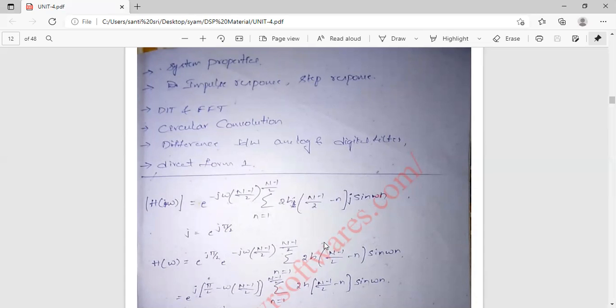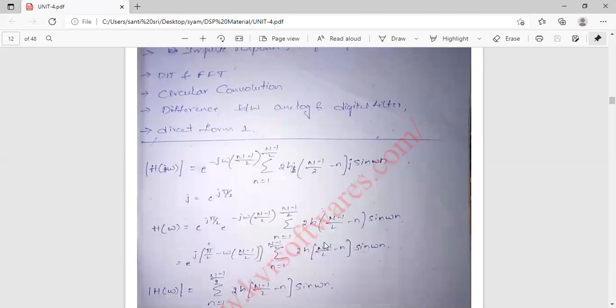Okay, then H of omega will become e power j pi by 2 into e power minus j omega (N-1)/2 sigma n equal to 1 to (N-1)/2 of 2 into h of (N-1)/2 minus n into sin omega n.